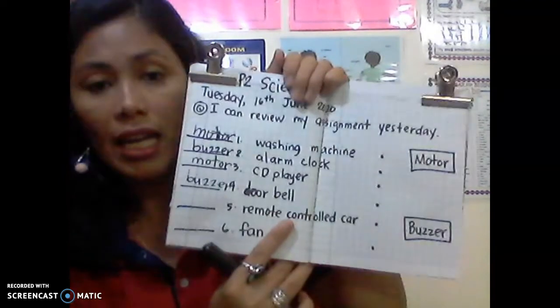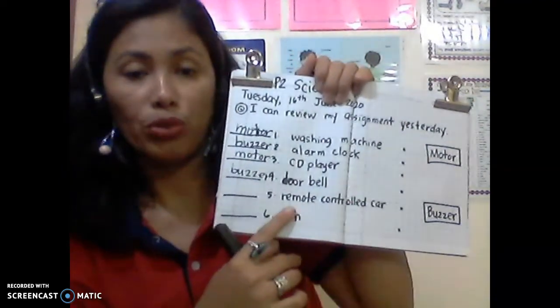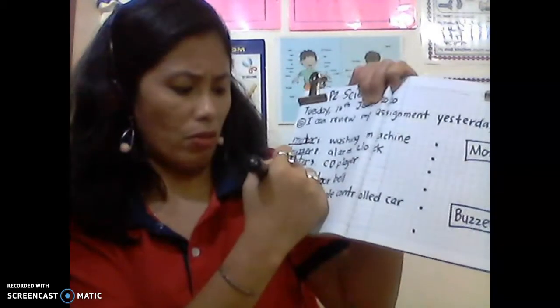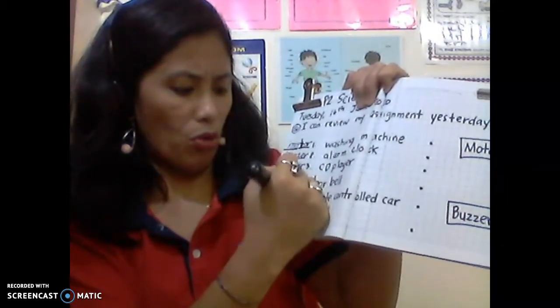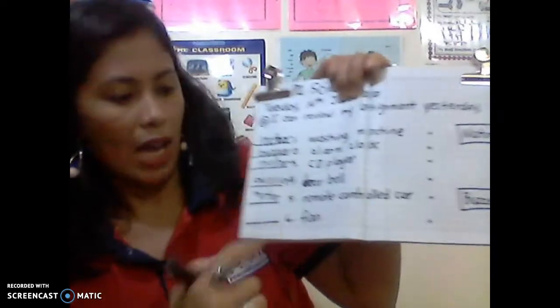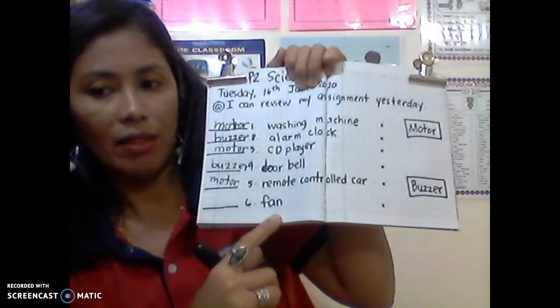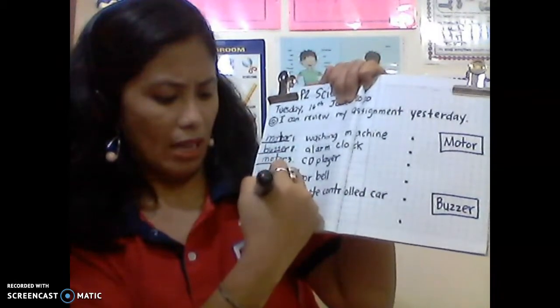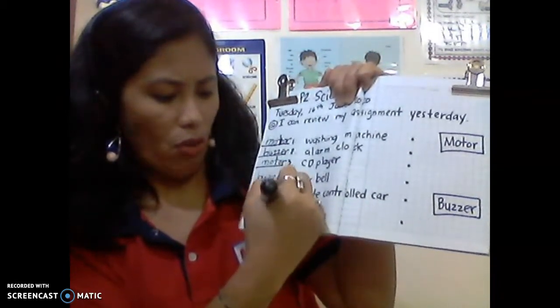We need a motor for the remote control car to move or spin around, right? So we write motor. How about the fan? The fan needs for it to move, we need a motor.